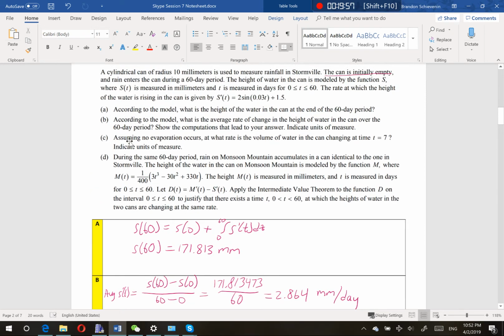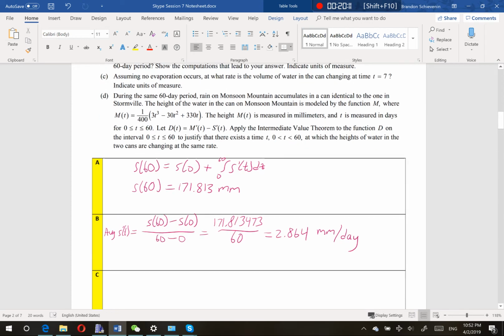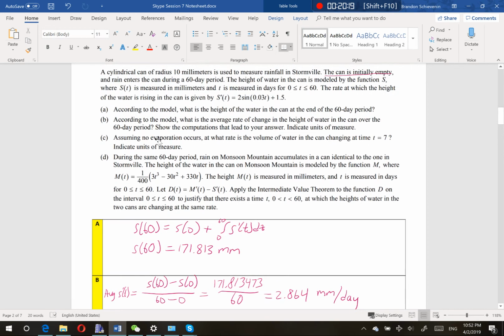Okay, part C. Assuming that there's no evaporation, at what rate is the volume of water in the can changing on the 7th day? And then indicate the units of measure. So first, what's our general form for the volume of this can? Or volume of water in the can?